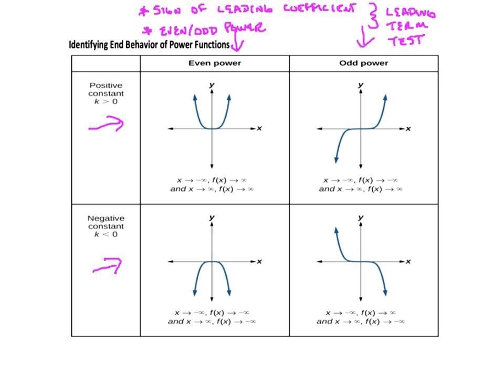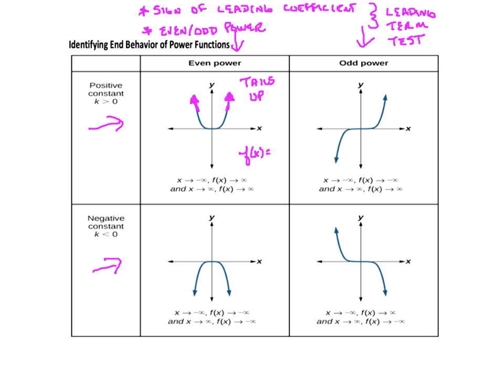So if the power is even, let's look at this first column. If your power is even and your leading coefficient is positive, the tail ends of your function are both going to be pointing upward. I call this tails up. And one example of this type of function is the quadratic.